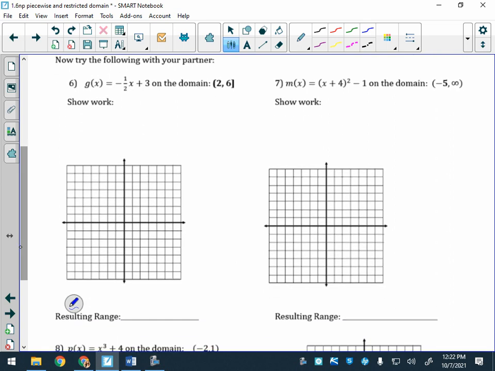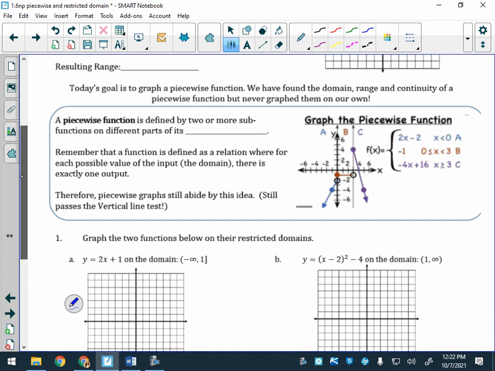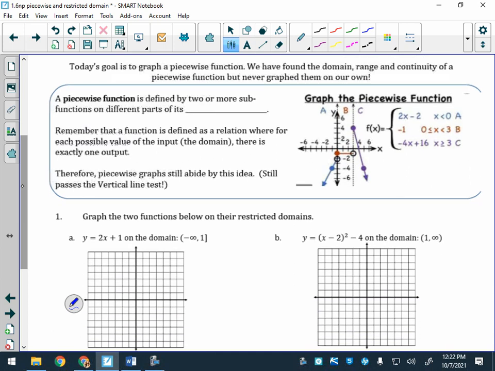We're going to skip around a little bit because of the reason we're doing all of this. If you look at page 5, this is the reason why we're doing this. We are getting familiar with restricted domain by plugging in values to see where our starting or ending point is, because we're doing something called a piecewise function.